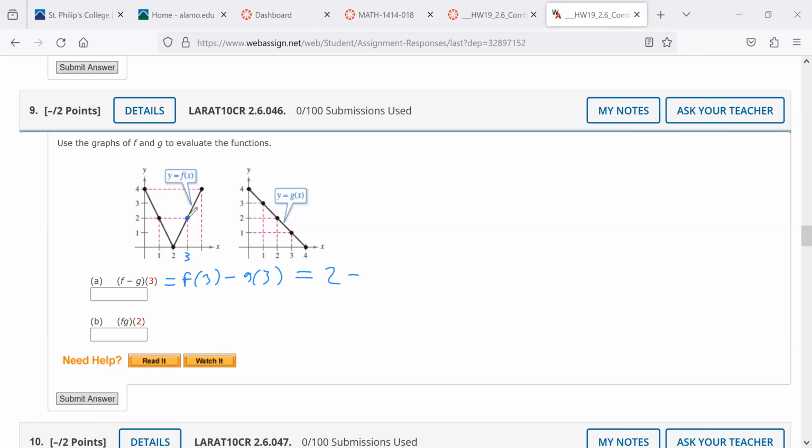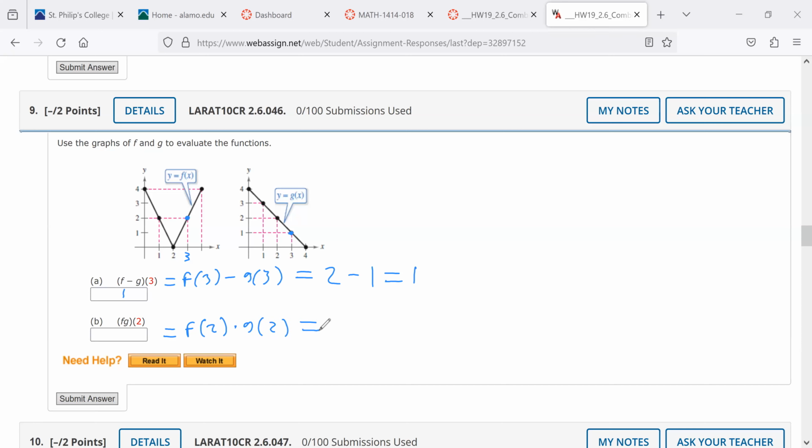What is G of 3? The output is 1, so 2 minus 1. F times G of 2 means F of 2 times G of 2.